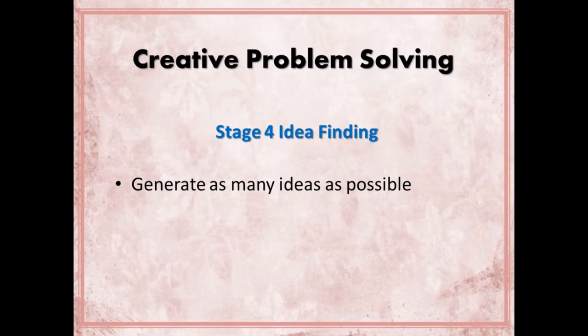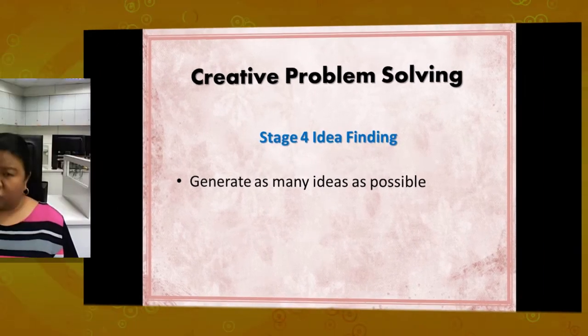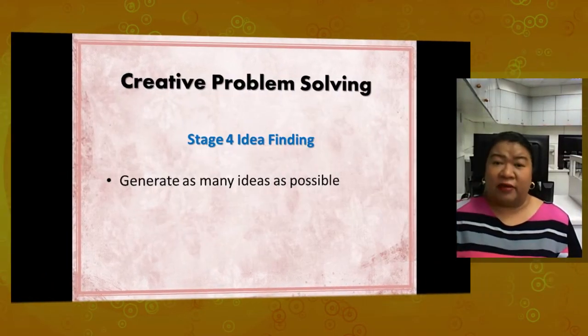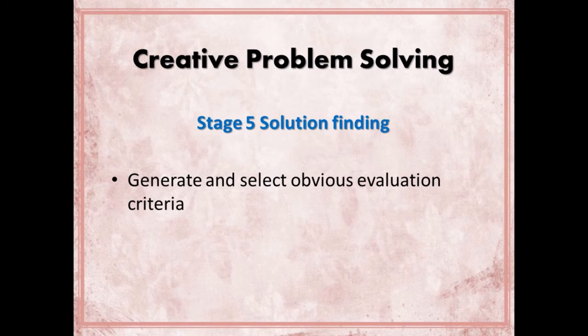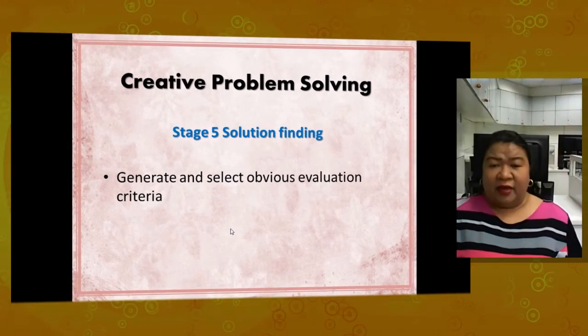So this is idea finding, where you just brainstorm and produce many different ideas. And then in stage five, this is now more convergent. Of course, it's still divergent. You still consider different options, but eventually you generate and select the obvious evaluation criteria for solving the problem. And now you have the solution.